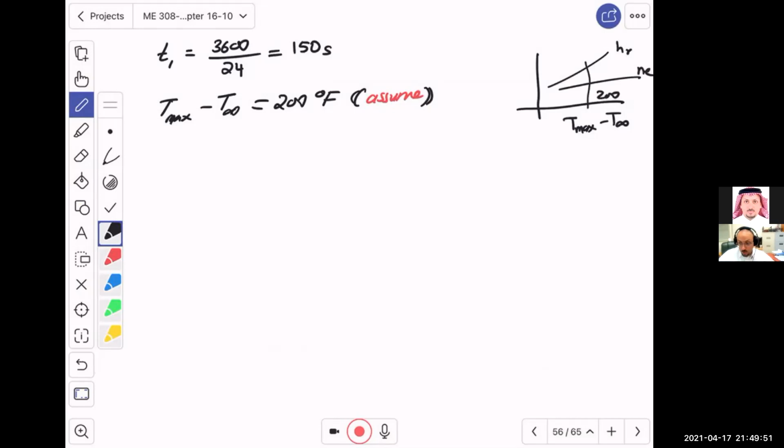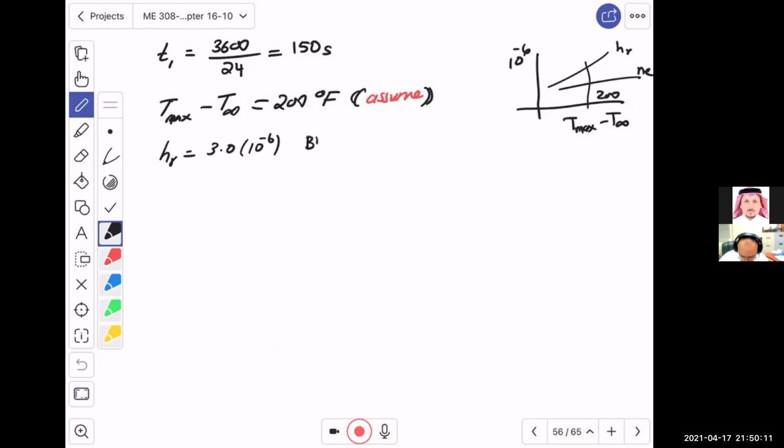So let me go and find them. HR will be equal, from the figure, to 3.0 multiplied by 10 to the power minus 6. Remember, the numbers here are all 10 to the power minus 6; you will see this in the title of the axis. What is the unit?